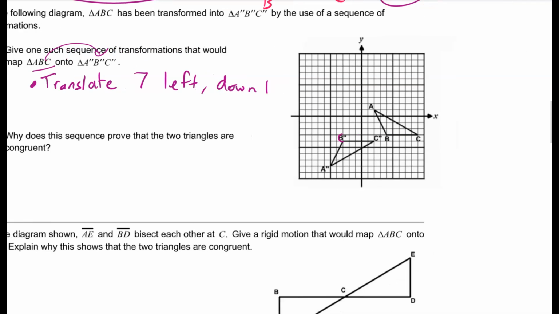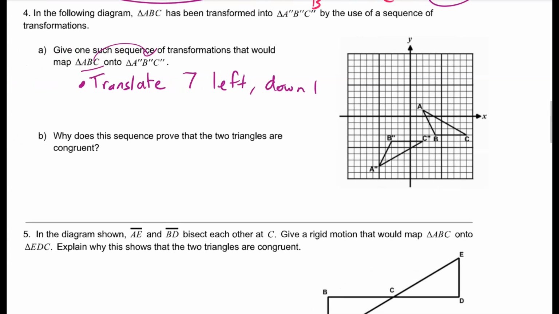So if I do that to all of my points, my B prime would land right there, my C prime would land right there, and it looks like my A prime would land right there. So these triangles are almost mapped onto each other, but it looks like I still need to do a reflection. The problem is, if I want to say I'm going to reflect, I need to state what line I'm reflecting over.